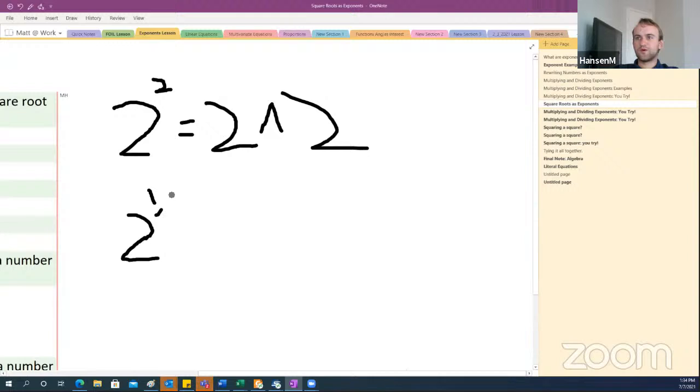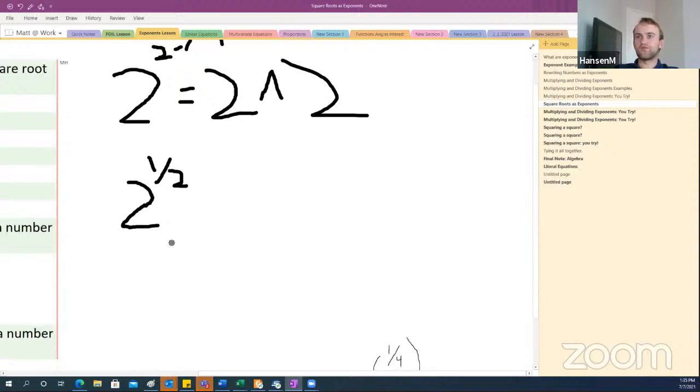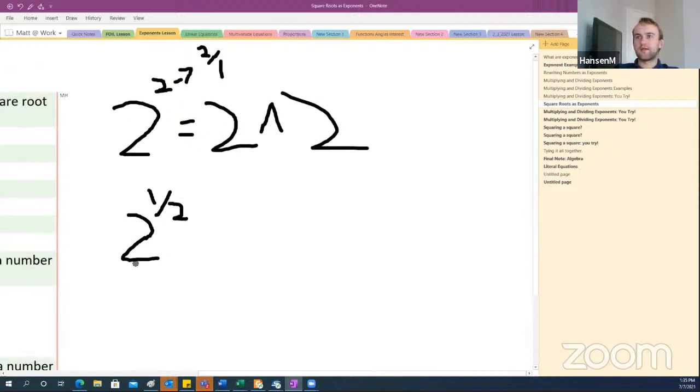take 2 to the 1/2, which, if you notice, is just the reciprocal of this first term up here. Instead of saying 2 to the 2, which is the same thing as 2 to the 2 over 1, because 2 is just 2 divided by 1 as well, we could flip that, and we would say 2 to the 1/2 is our square root.